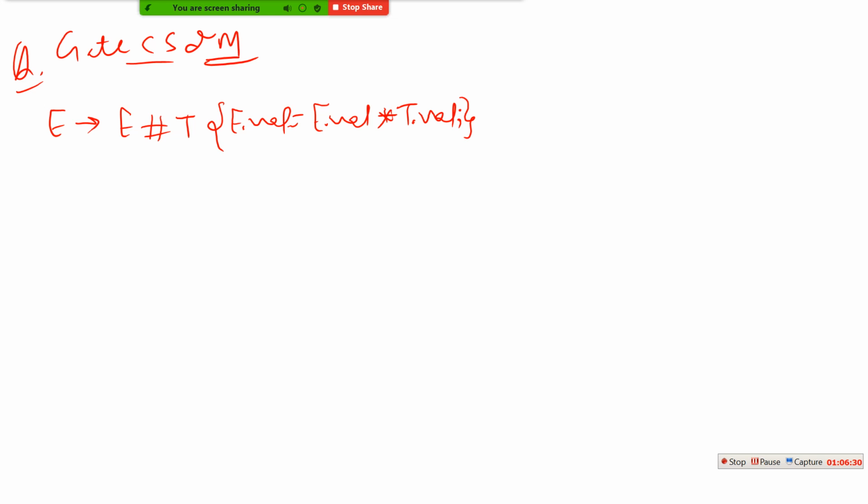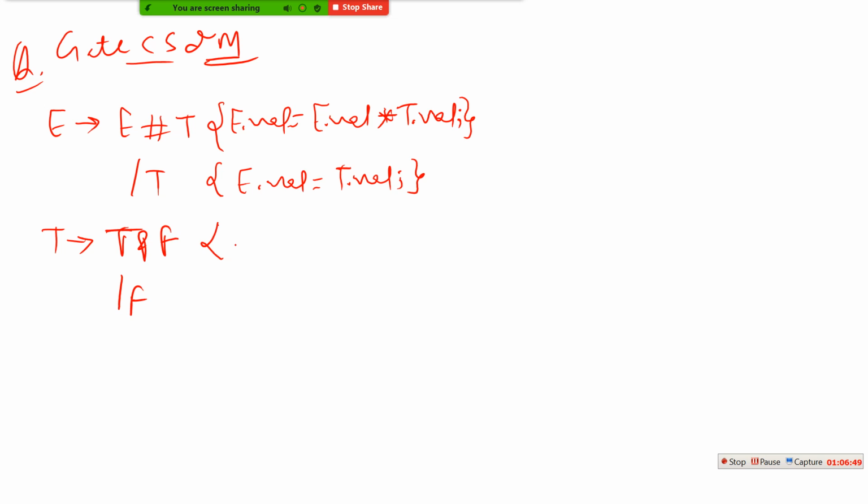Then I have non-terminal T, and E value equals T value here. After that, T derives T and F, and then F. The semantic rule of this is T value equals T value plus F value.